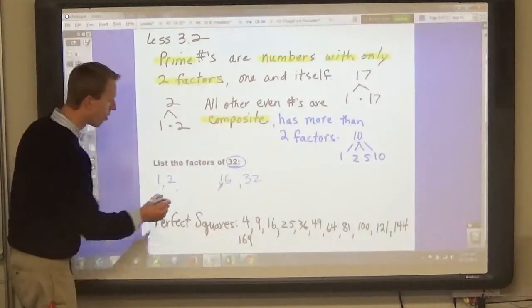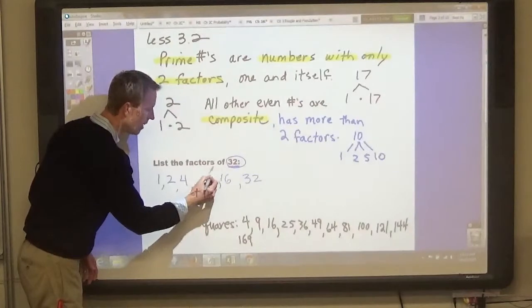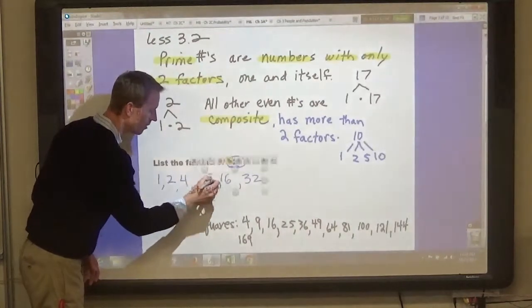4, we know 4 is a factor. 4 and 8 are factors.